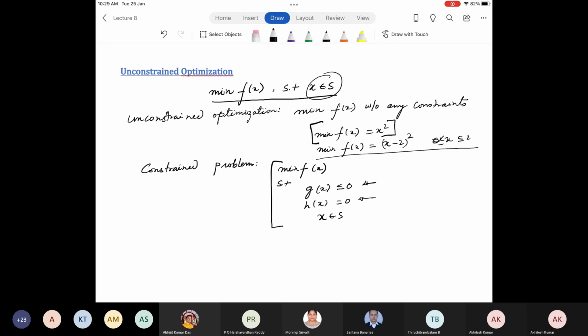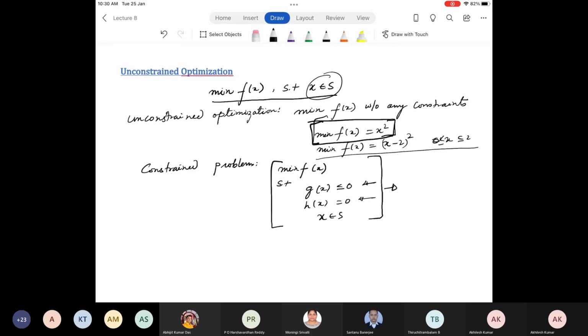This is a more general representation of your constrained problem. Interestingly, this is a logical extension of these problems, where we will see that even when we are solving using first order conditions or numerical methods, we end up solving one of the unconstrained problems.